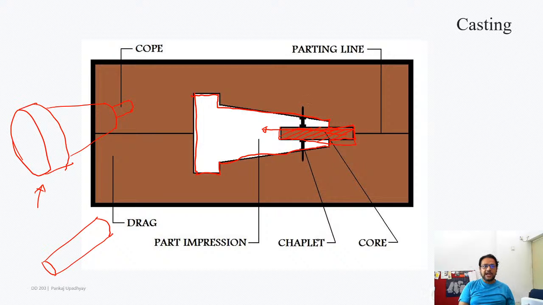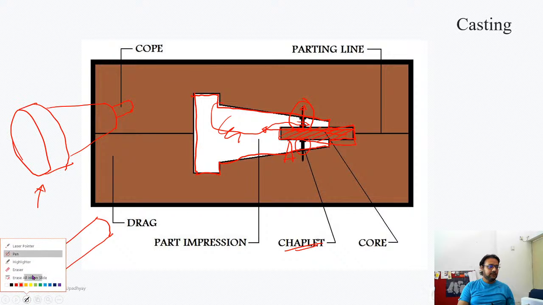So I put these 2 metal pins of probably a similar composition as the base material, and these are called chaplets, and when I cast the material, these will get absorbed into the casting. When I am creating the cavity, these help in holding up the core in the right place, okay.